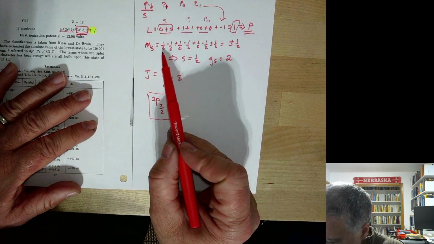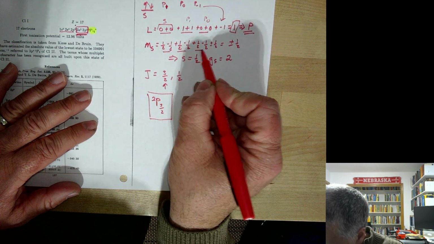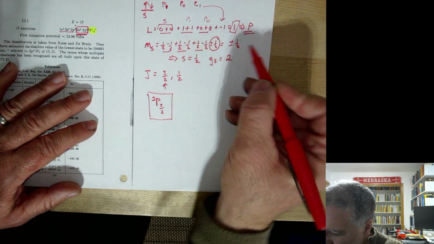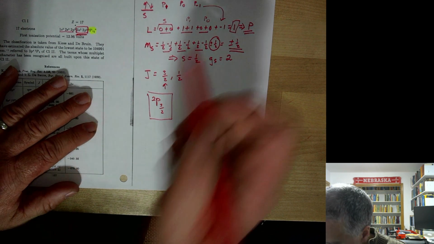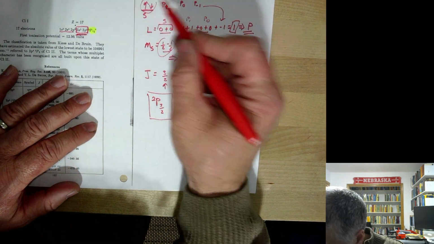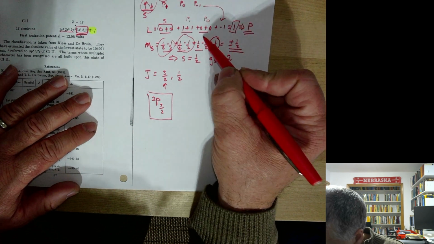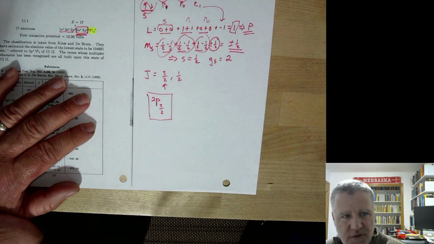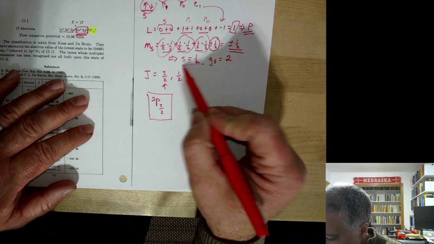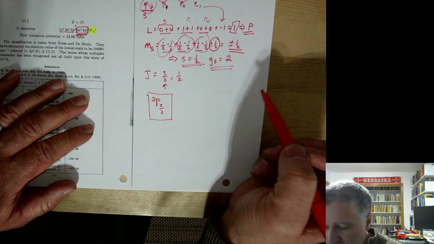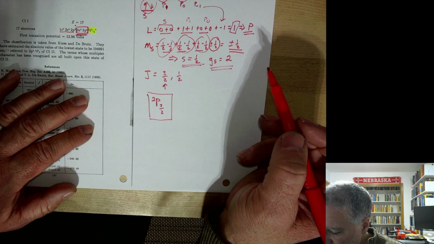Now, all these are paired except the very last one. And so thus M is plus or minus 1/2. So these are all paired, and they have to be, as we just follow our filling rules. So that implies S is 1/2. So GS, the degeneracy, is 2.